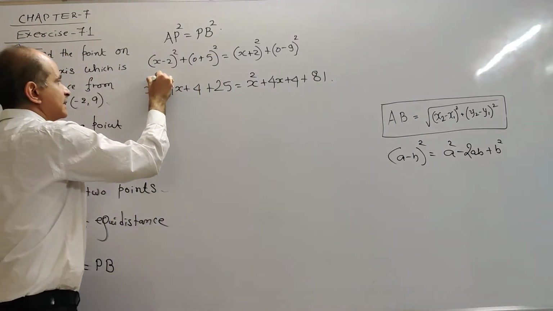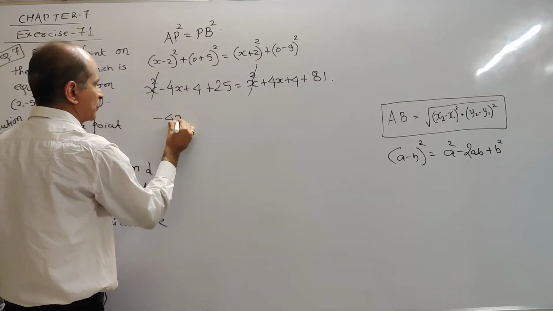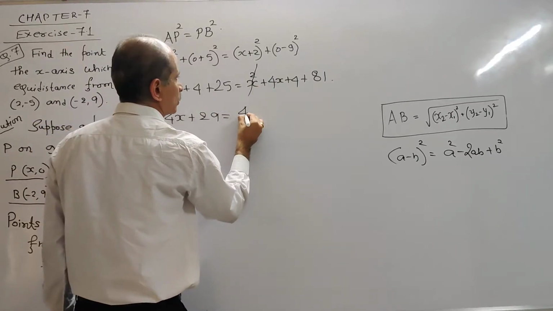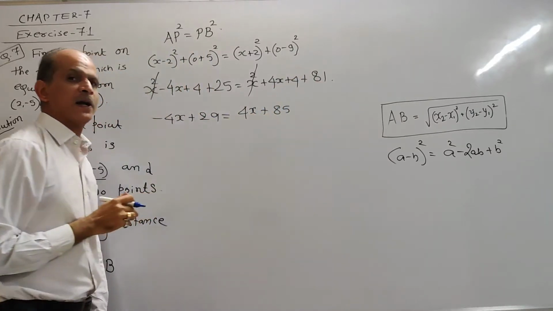You can cancel this x square. So here you get minus 4x plus 29 is equal to 4x plus 85, since 81 plus 4 is 85.